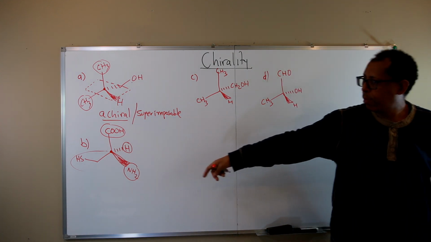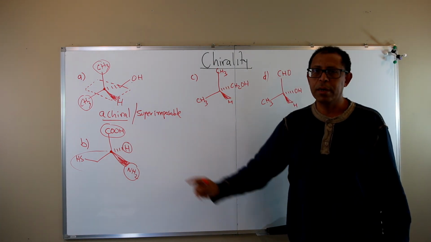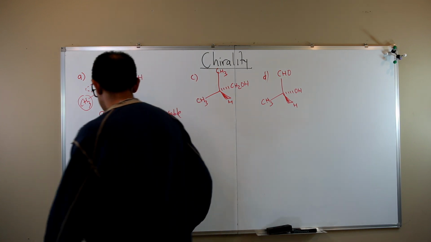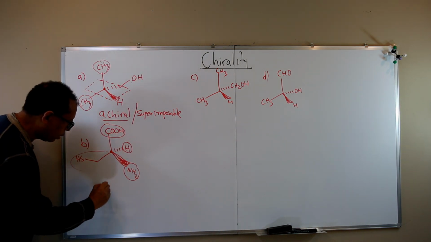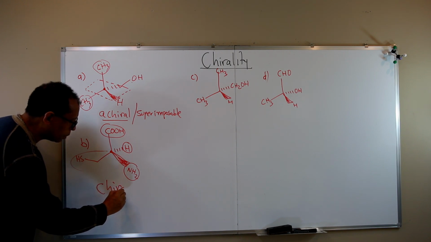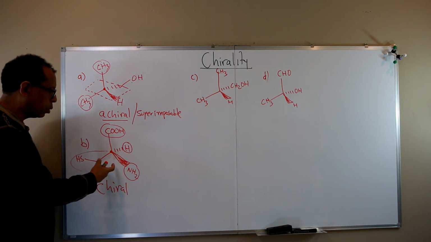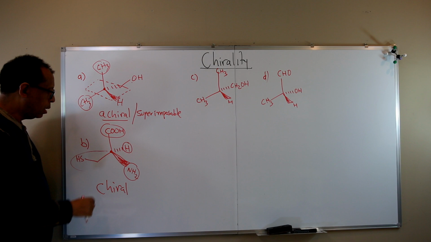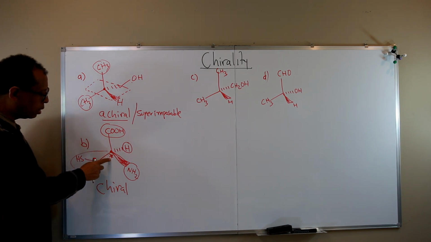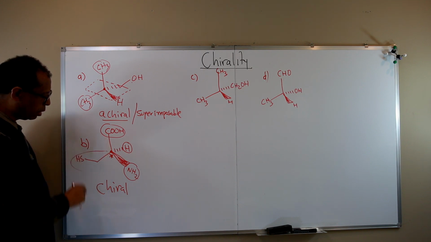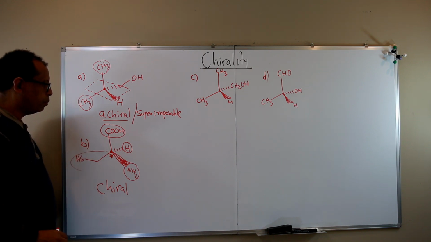That kind of molecule qualifies as a chiral molecule. So this is an amino acid actually, so it's chiral. That means it rotates the plane polarized light. It has a stereogenic center. Usually I mark the stereogenic center with that carbon, and it's chiral.